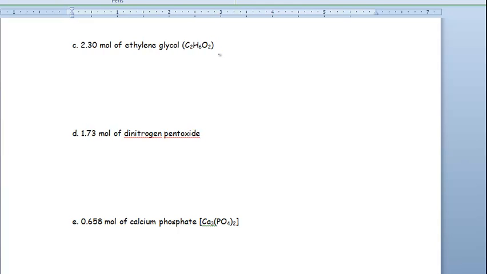So the first order of business is to take the chemical formula and determine the molar mass. And remember, molar mass means the mass of 1 mole of substance. So if we had 6.02 times 10 to the 23rd molecules of ethylene glycol, and we measured their mass, that would be the molar mass.